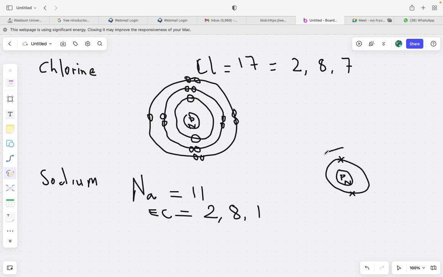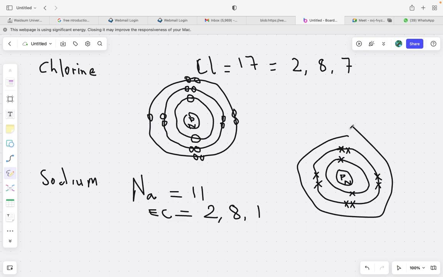The second shell has a maximum of 8: 1, 2, 3, 4, 5, 6, 7, 8. How many electrons does the third shell have now? One. The third shell has only 1 electron.